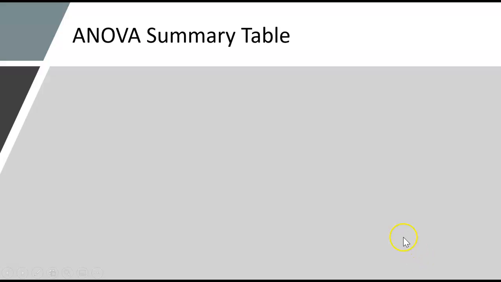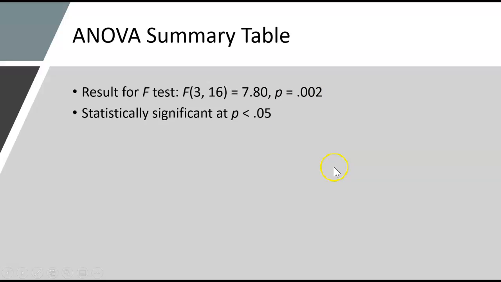Now, just to review, you have the results for the F test. And when we present this, what we present is the F, the degrees of freedom, the F value, and the p value. And then we can look at that p, and in this case, the test result is significant at the 0.05 level.